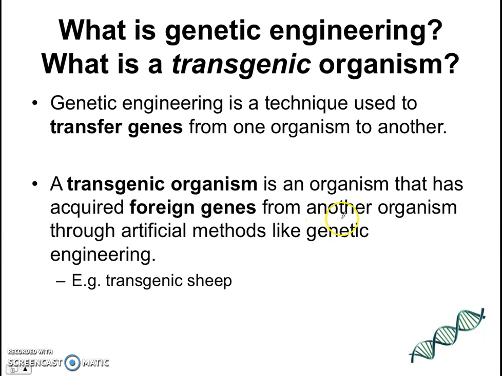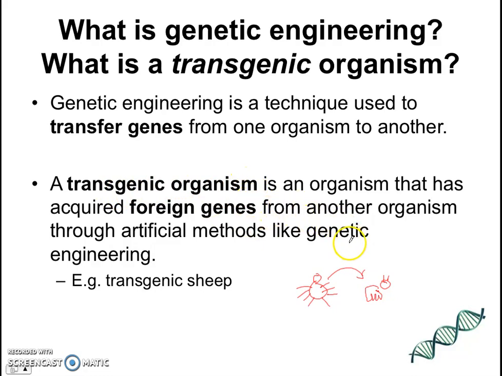Well, it refers to a technique that is used to transfer genes from one organism to another. So in the case of the spider goats, what we did was we transferred a gene from the spider to the goat, right? So this goat now is known as a transgenic organism.